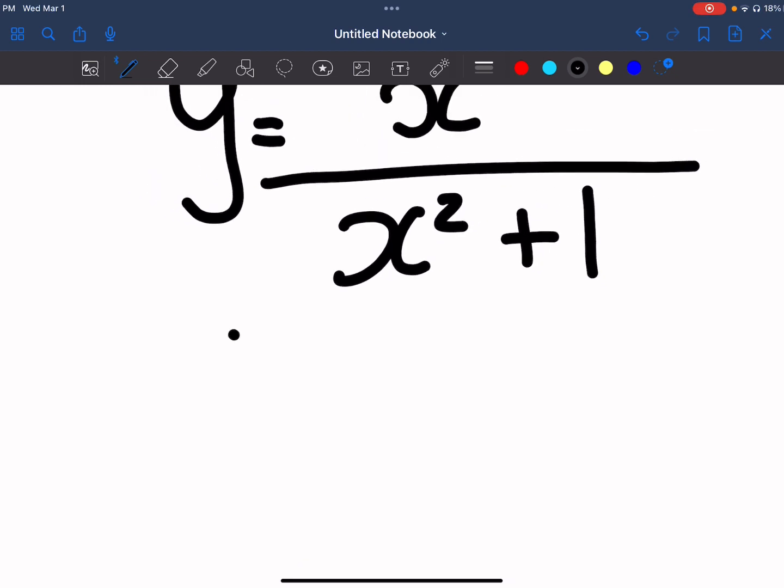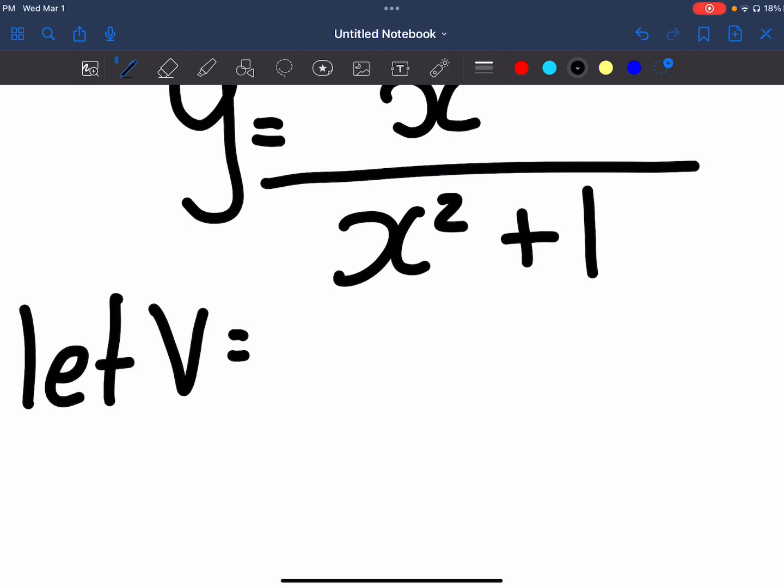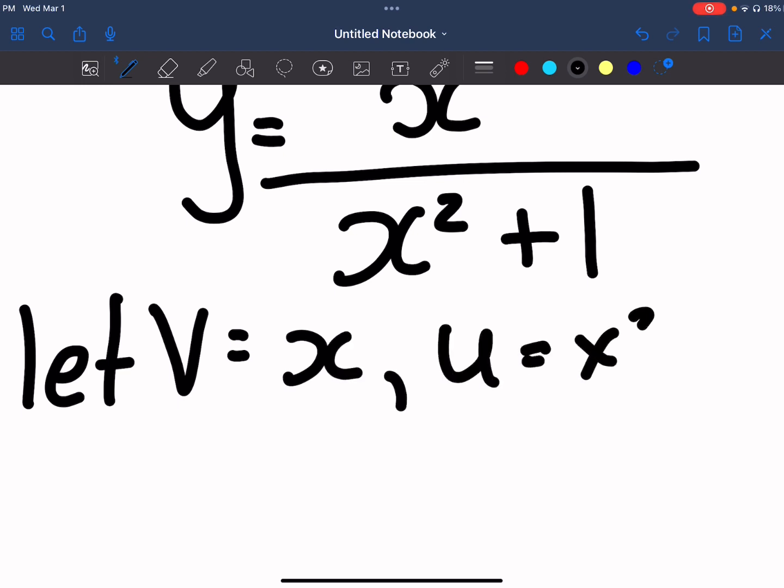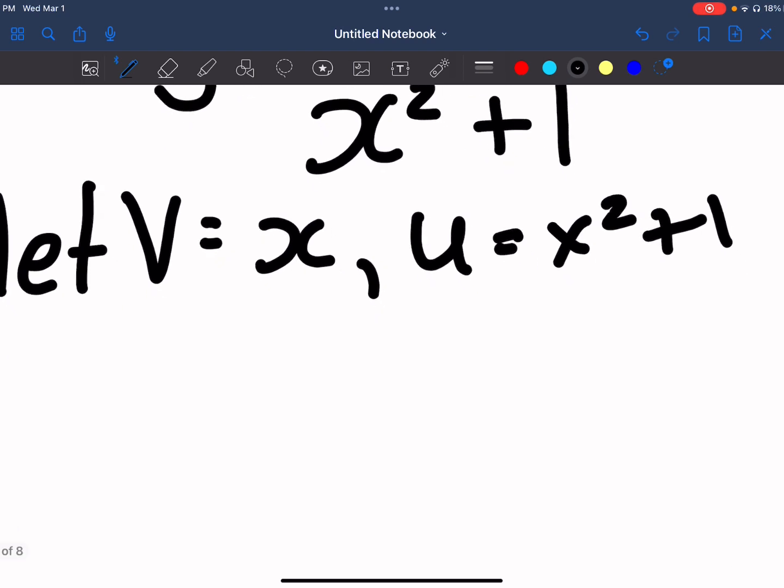So this should be equal to what? Well, we'll say that V equals x and U equals x squared plus 1.